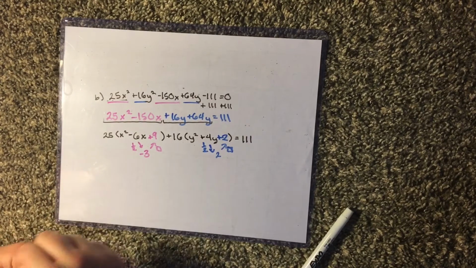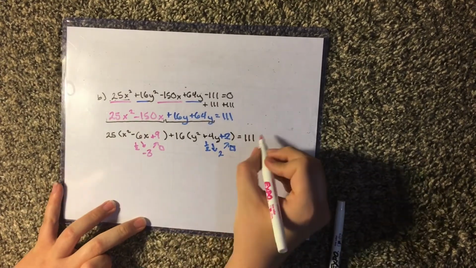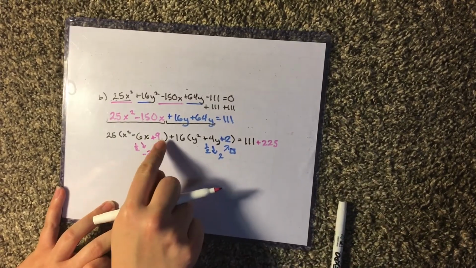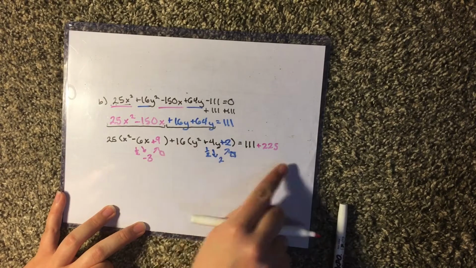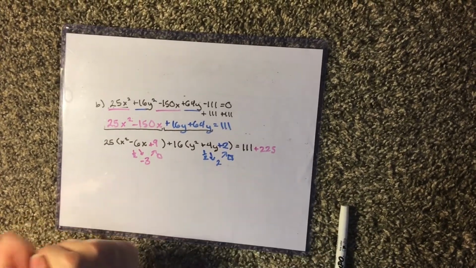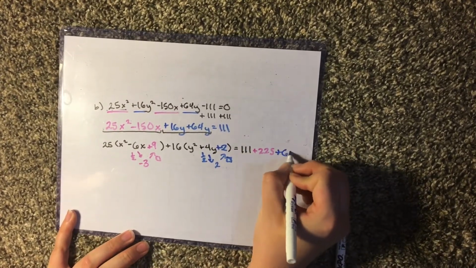Now I've got to make sure I have all these together. I'm going to be adding 225 because I'm multiplying 25 by 9. I need to add it to both sides because I added this to the first side, I need to add it to the second side. I'm going to do the same for this one, but instead it's just plus 64.